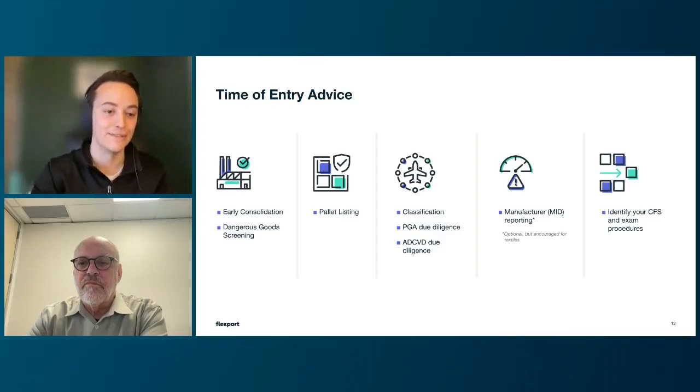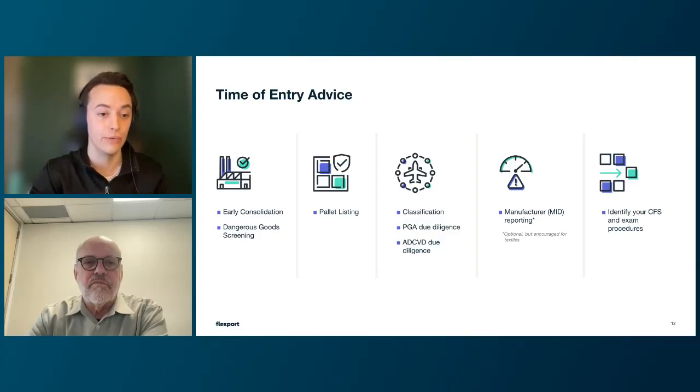Maybe it appears in the sense of a bad address, perhaps, but maybe it's also just a misclassification. So making sure that you have a robust product library, knowing what products should have what classification, will make that easier, especially with the requirement now that we have to file the entry prior to arrival.